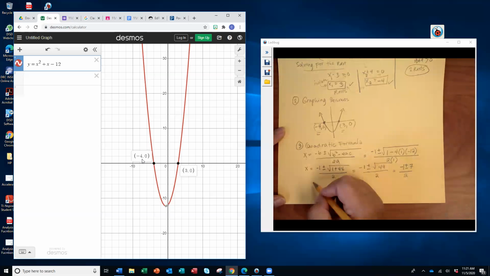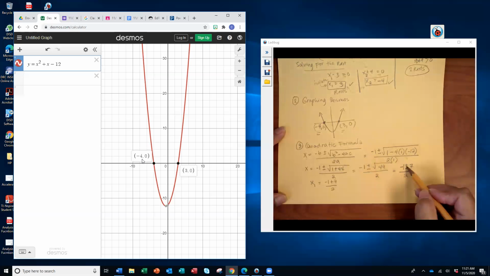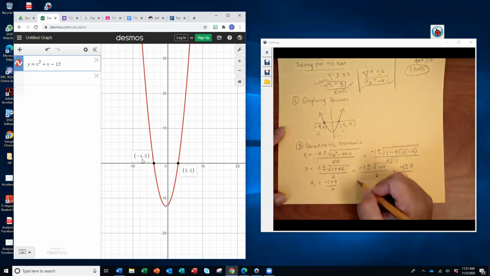Now you could separate them. X sub 1 will be equal to negative 1 plus 7 over 2, because that's a plus. X sub 2 will be negative 1 minus 7 over 2.